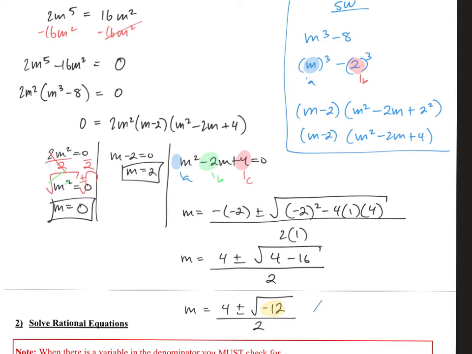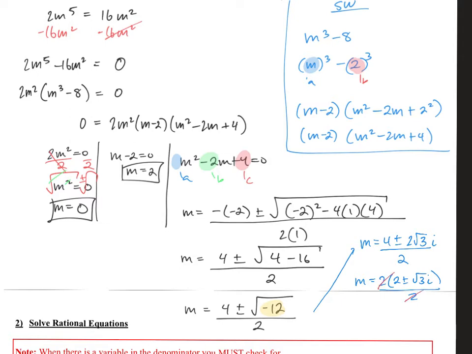So if it did say to solve over that, you would have m equals 4 plus or minus. We can simplify the 12 and the i, so that would be 2i root 3, or 2 root 3 i. The i needs to be at the end. Divided by 2. And then m equals 4. Oops, let's factor out the 4. 2 times 2 plus or minus root 3 i divided by 2.